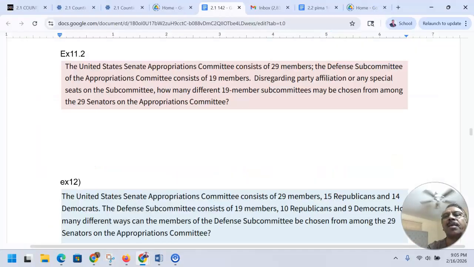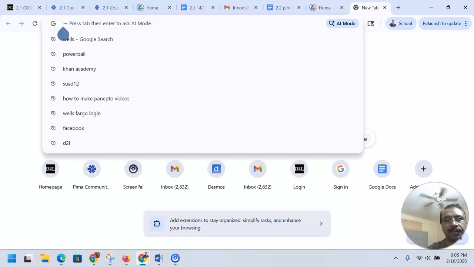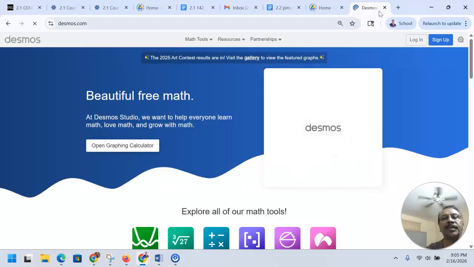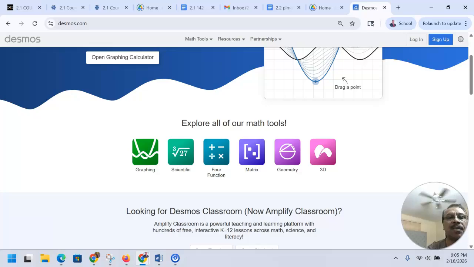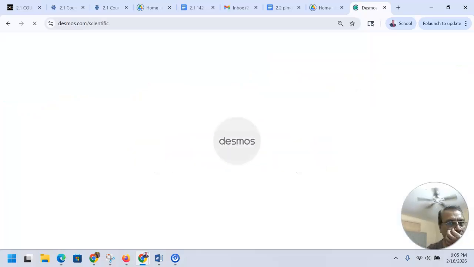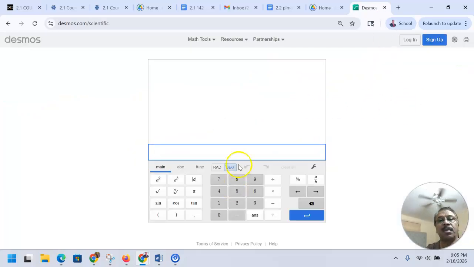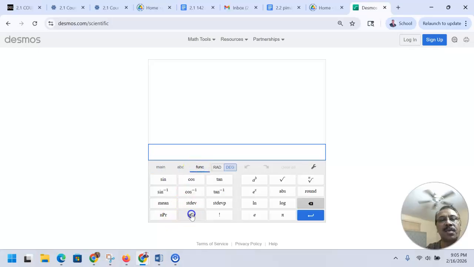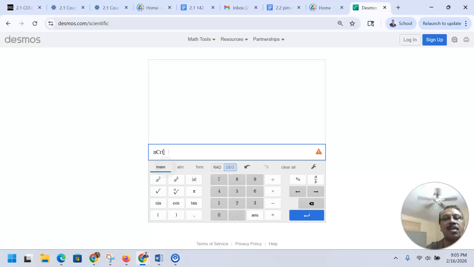If I put here dashboard.com and here the scientific calculator, input, go to function and put C, and put 29, sorry, so go to the main, type in 29, comma, and then you want 19, right? 19.